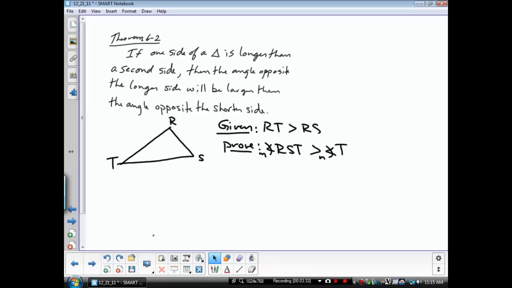All right. Now, since RT is longer than RS, by the ruler postulate, we can find a point Z that makes RS and RZ congruent. So that's the first step of our proof. Locate point Z on segment RT so that RZ equals RS.